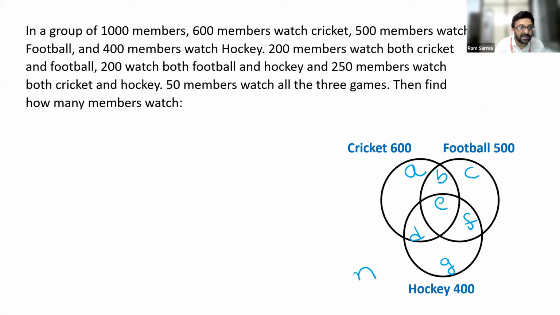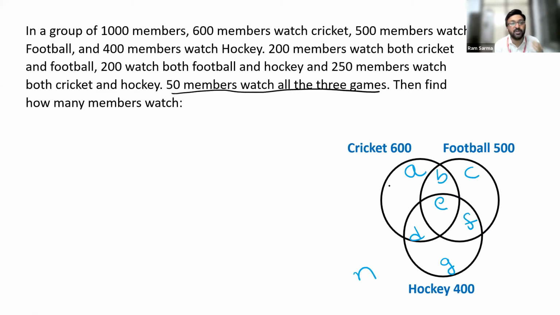Now, I am expecting you guys to guide me in this regard. I'll read the given sentences. You should tell me where to write and which number. To solve this, start with this one. 50 members watch all the 3 games.